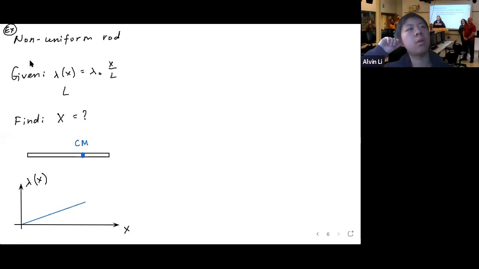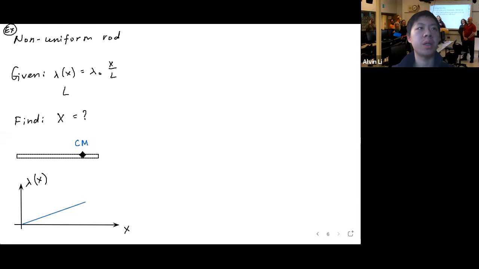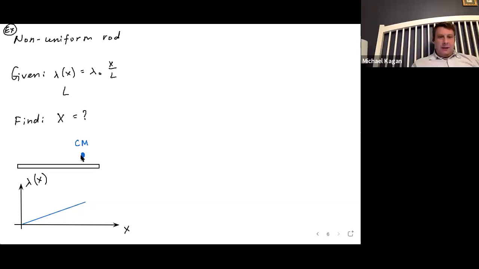You know what? Lambda naught would actually matter here, right? You think so? Yeah, because if lambda naught is really big, then it would be more to the right. But a big lambda naught would mean that the masses here would also increase proportionally.